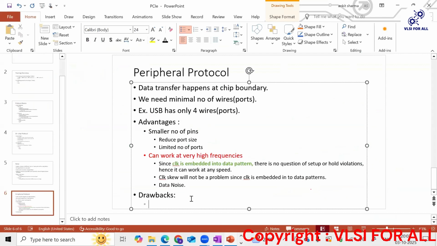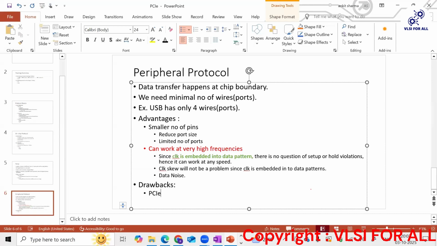So now what are the drawbacks? ये तो सब अच्छी बातें होगी sir. What are the drawbacks? Can someone tell me? PCIe and DDR etc. These protocols are very complex.